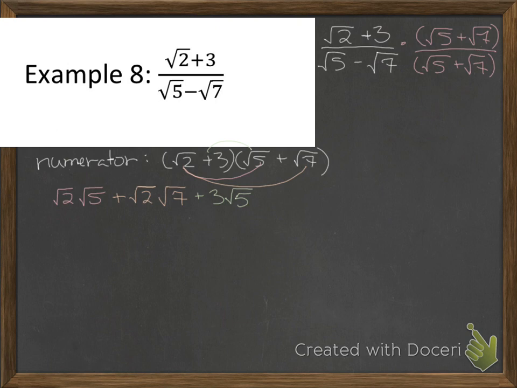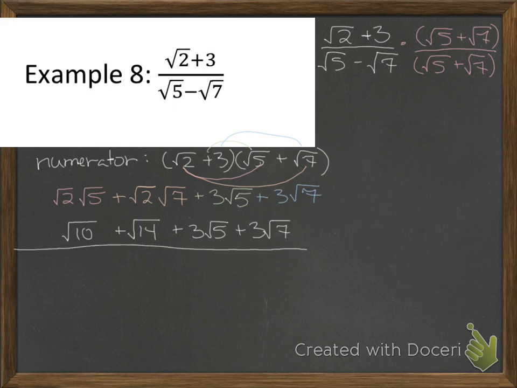And then we have our last terms, which are 3 root 7. You probably realize we can change this to the square root of 10 plus the square root of 14 plus 3 square roots of 5 plus 3 square roots of 7. And that whole thing is going to be our numerator.